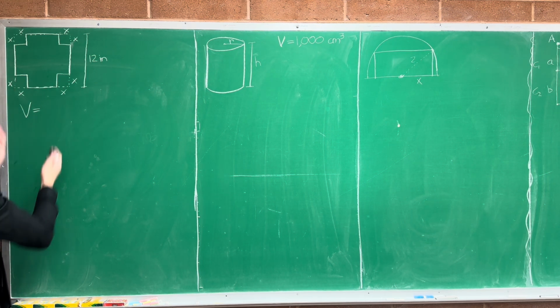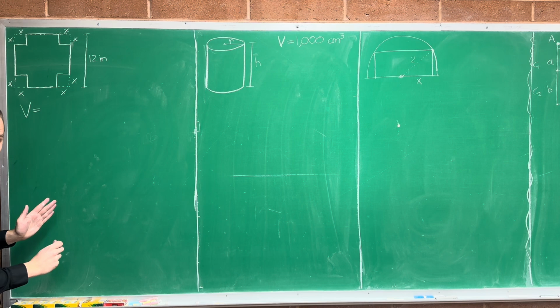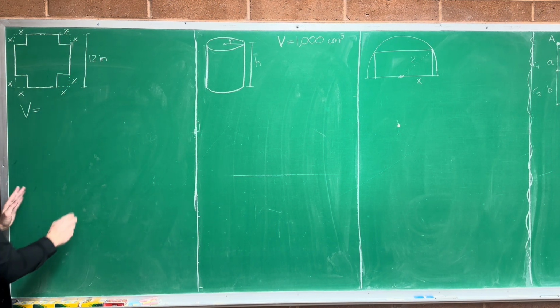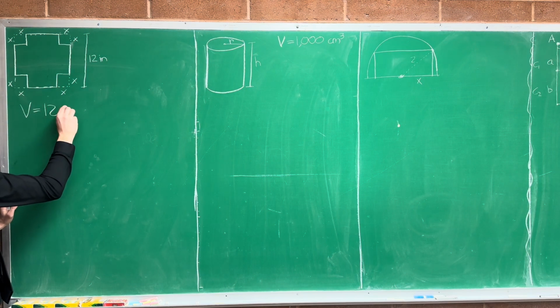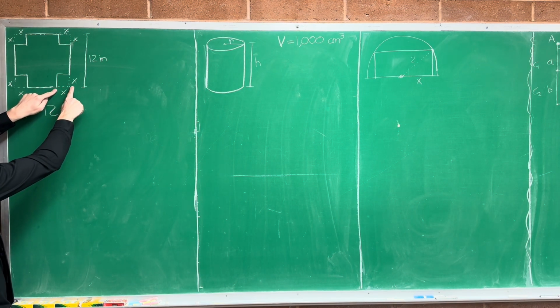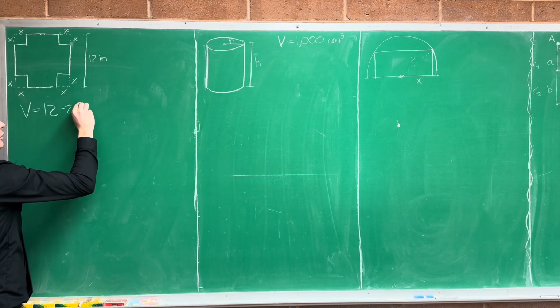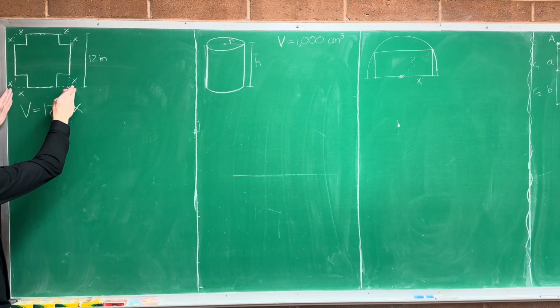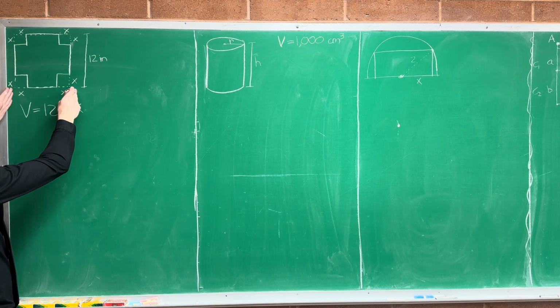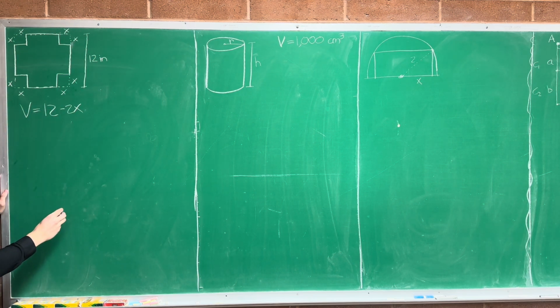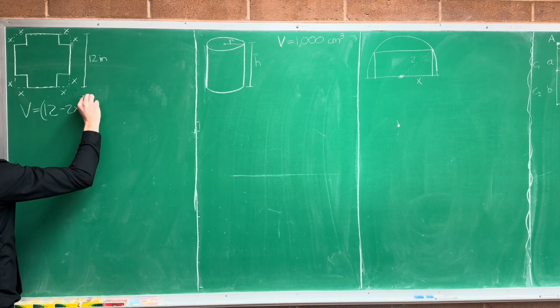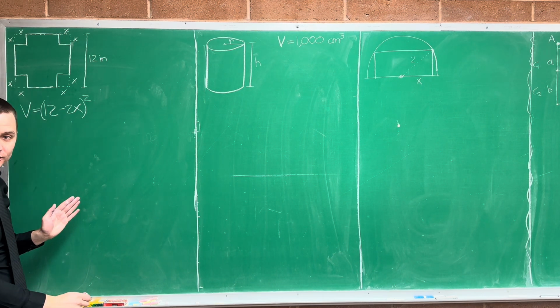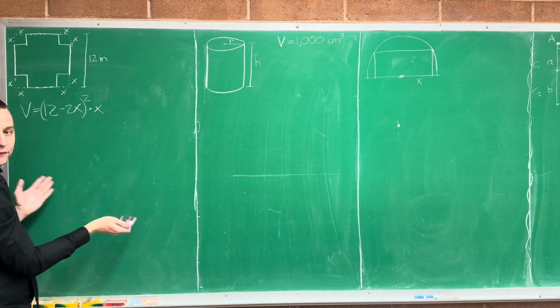So once I fold those up, what am I left with? 12 minus how much did I take off? Subtract 2x. There's my length. That's how wide this box is once I cut out x and fold it up. What's my width? The same. What's the height of my box? x, however high the lip is that we're folding up.